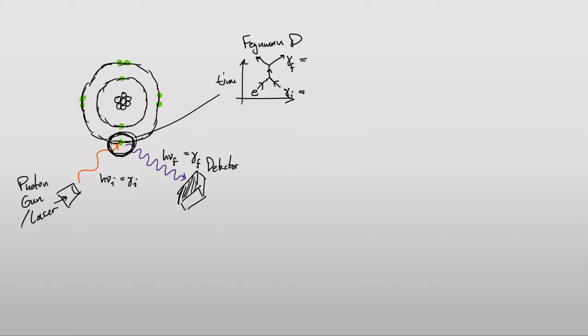These are photons in different states. This could be an electron in a different energy state as well. So the energy of this electron, we could have an E1 state, and then right here we could have an E2 state.